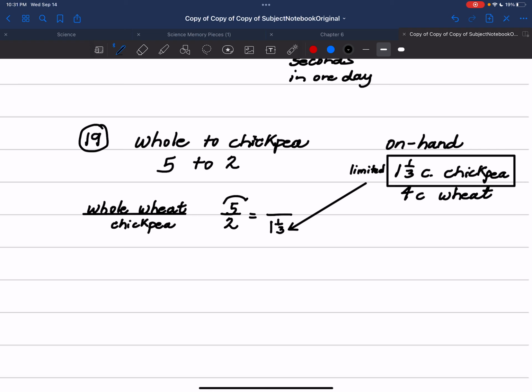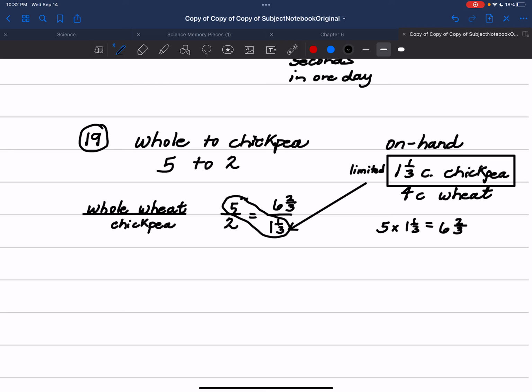So here we've got 5 times 1 1/3, and your calculator will do that no problem. So 5 times 1 1/3 equals 6 2/3 cups of whole wheat that are needed. But that was not the question.